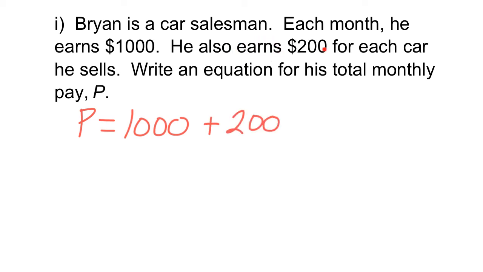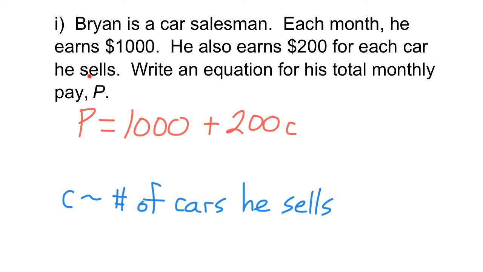He earns $200 for each car he sells. We don't know how many cars he's selling, so that's a variable. Let C represent the number of cars he sells. So his pay is going to be $1,000 plus $200 for each car he sells, 200 times C. So P equals 1,000 plus 200C.